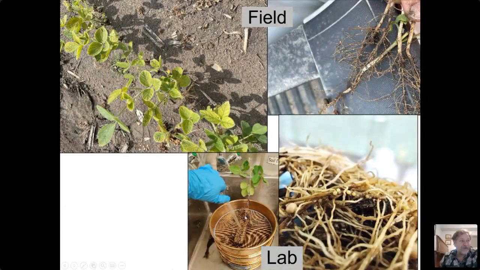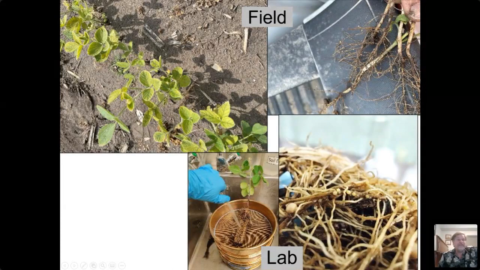In the laboratory, we grew the soybean, and we were able to confirm the presence of soybean cyst nematode. So we were able to prove that we could take the nematode from the soil and then infest soybean in the laboratory.